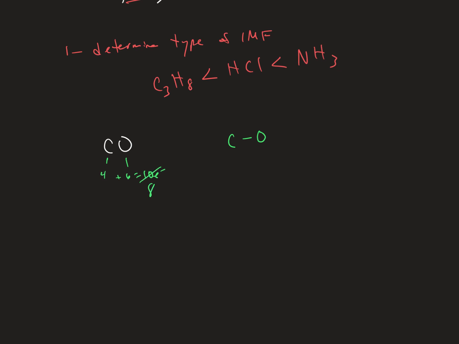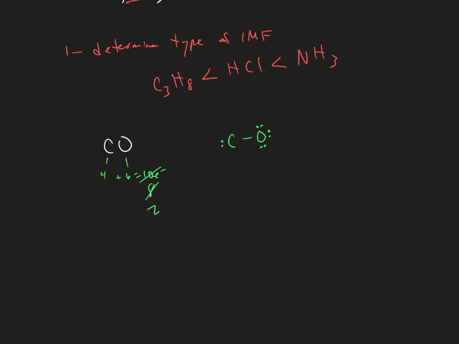Where does the rest go? Which one first? The non-central first, because the central is lower in electronegativity. So the higher in electronegativity is going to take those electrons first. So 2, 4, 6, that has an octet. We have 2 more, so it's going to go around that carbon.